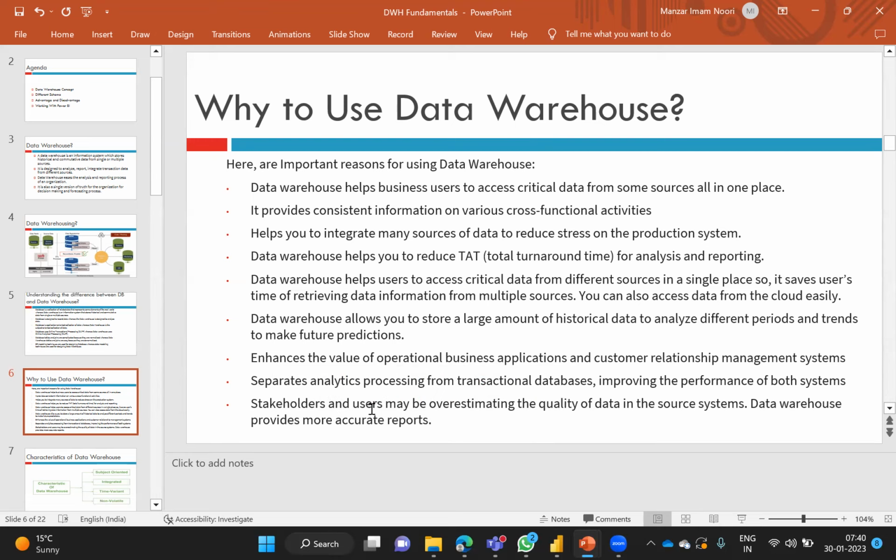Whatever data we have in the transactional system, in the databases, may need a little more processing to improve the data quality. Maybe missing data, maybe some formatting. So many things are being handled in the data warehouse. So the data warehouse provides more accurate reports, right?